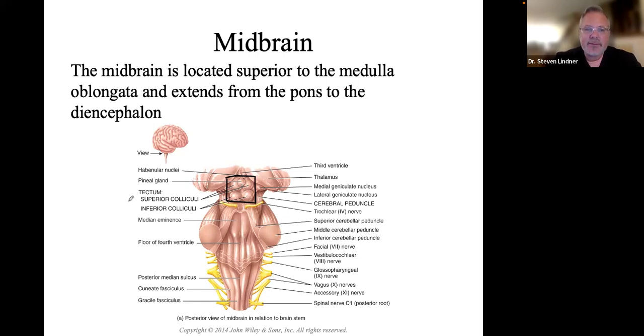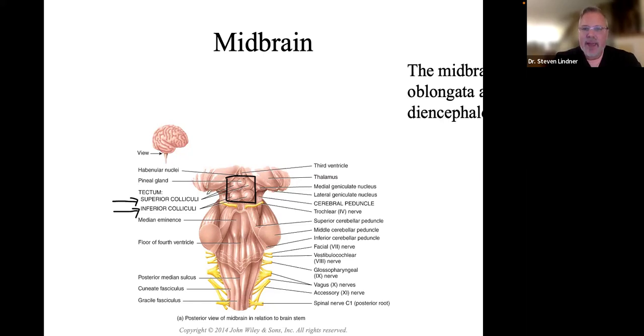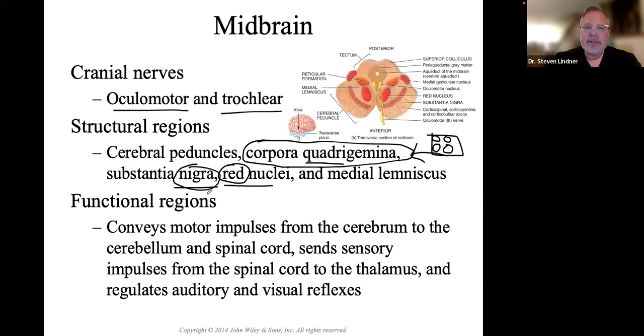It's made up of 2 superior colliculi and 2 inferior colliculi. Those 4 structures are the twins in the back. So when I say red, black, twins in the back, the twins in the back are the corpora quadrigemina. The red is for the red nucleus.